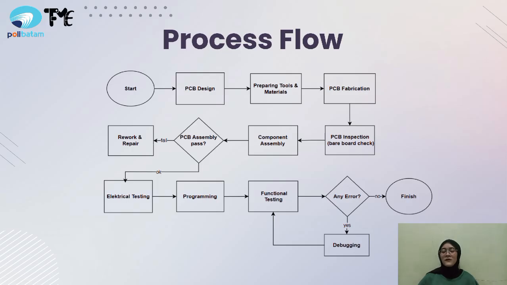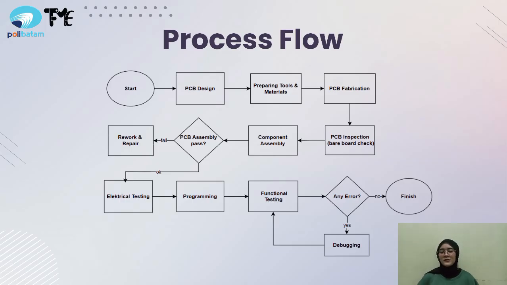If the PCB passes inspection, we assemble the electronic components using the SMT process. After assembly, the board is inspected again. If any defects are found, it goes through rework and repair before continuing. Once the assembly passes inspection, we perform electrical testing to verify that the circuit works properly.